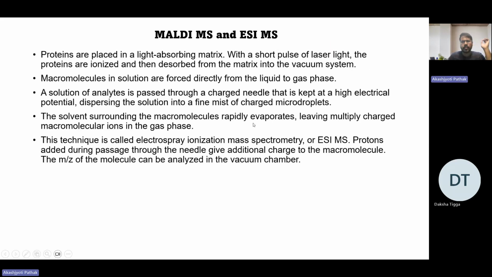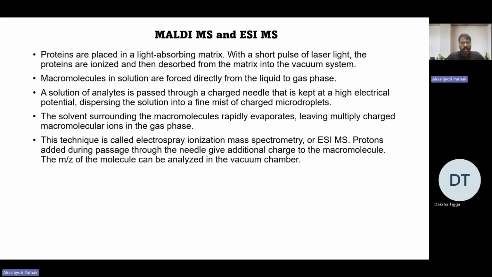Now, as I was explaining, your molecules are ionized in the gas phase, and this is not feasible for protein molecules or nucleic acid samples, because the entire molecule will get decomposed. So one technique that was developed is MALDI MS. MALDI means matrix assisted laser desorption ionization.